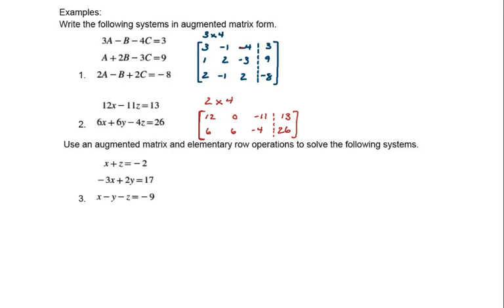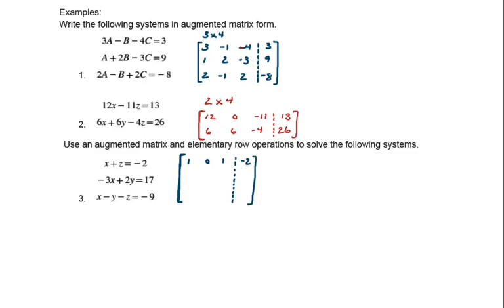For the next 3 examples of the notes, we're going to be using an augmented matrix to solve a system. So if you look at this first system here, number 3, we are going to first express this as an augmented matrix. The size of this matrix should be 3 rows by 4 columns. And then taking a look at the equations, I want to make sure that I put the correct coefficients in the correct place. So my first row should be 1, 0, 1, negative 2.